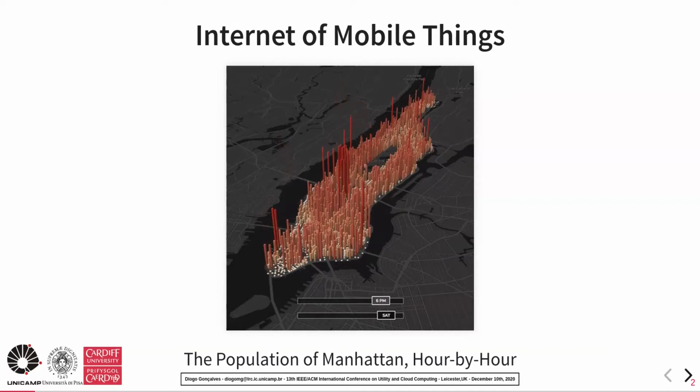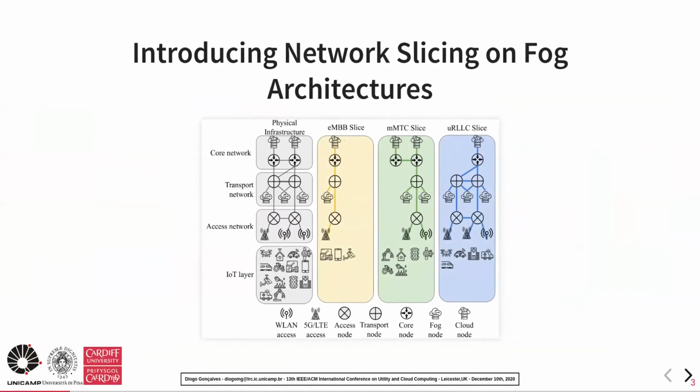And that becomes a problem for the infrastructure to serve these mobile users. Once a mobile user starts to move, the infrastructure needs to migrate the services to a place closer to these users. Thanks to some technologies like SDN and NFV, the concept of network slicing has been developed to provide a more flexible infrastructure.